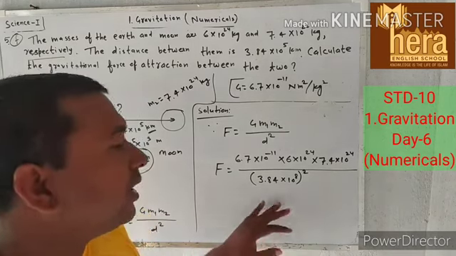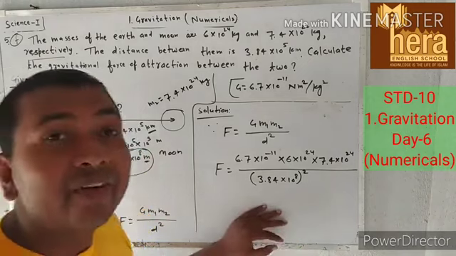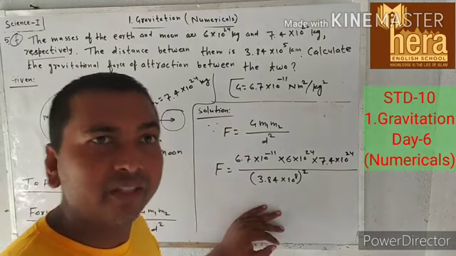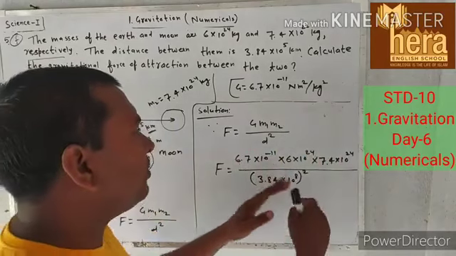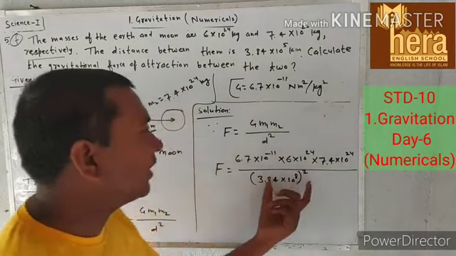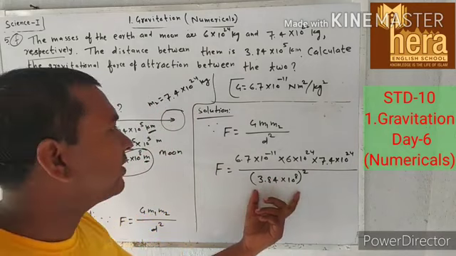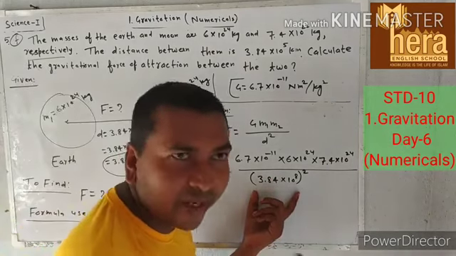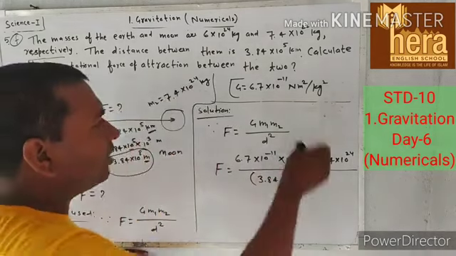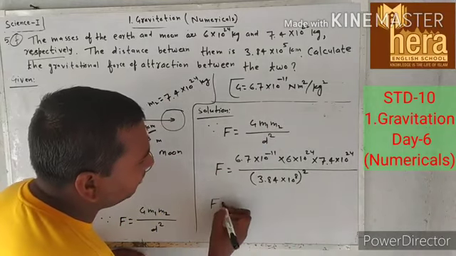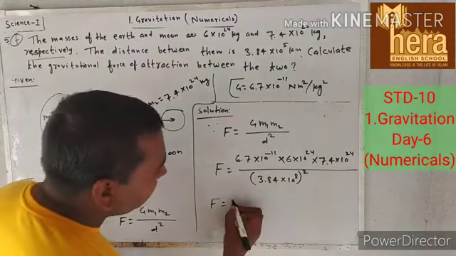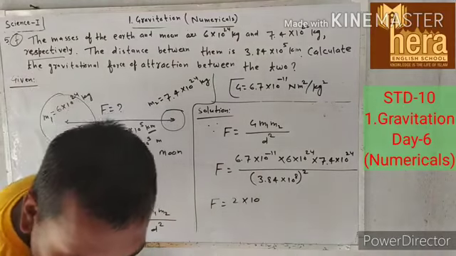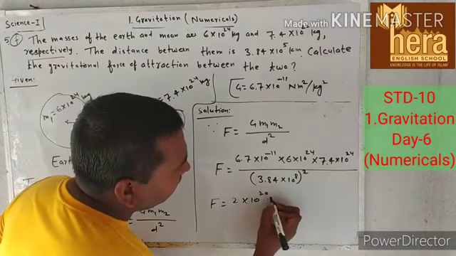You watch that lecture, where I have explained how to solve this type of calculation. This time I'm not going to explain again. If you solve this, then you will get F is equal to 2 into 10 raised to 20 Newton.